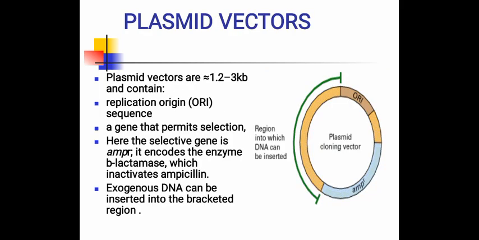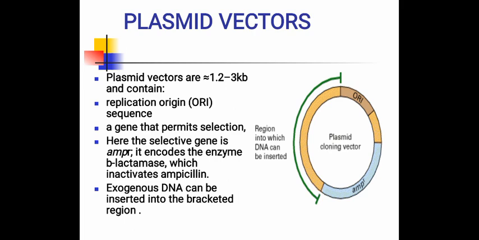Next, plasmid vectors are 1.2 to 3 kilobase pairs and contain a replication origin, the ORI sequence. Here the replication complex will come, attach and start the replication.